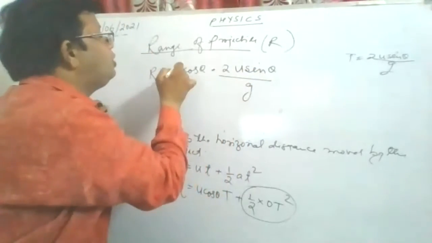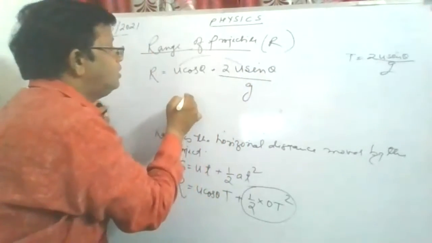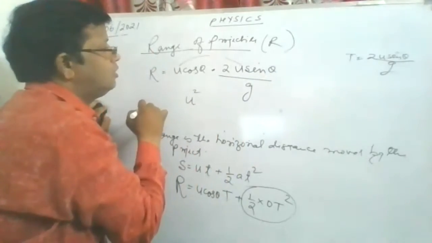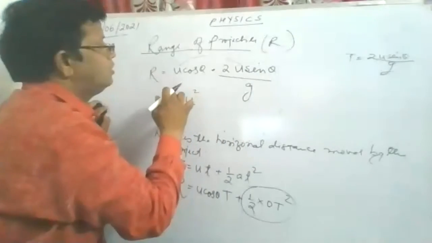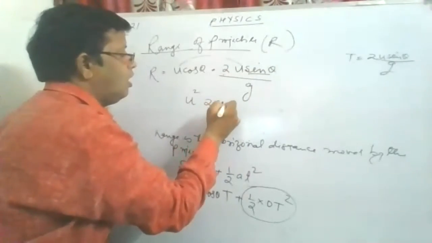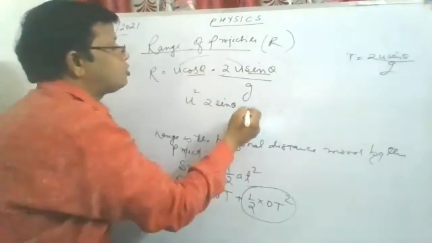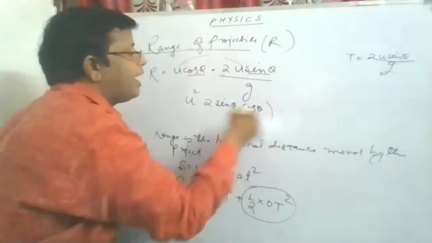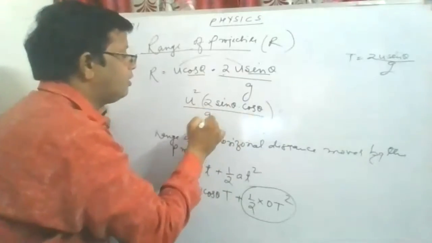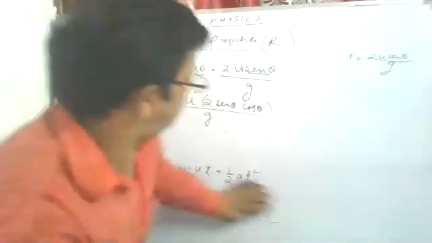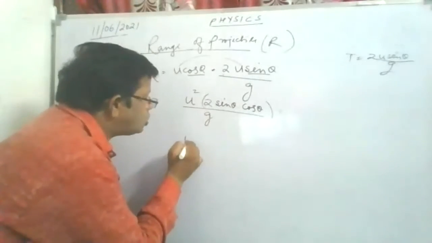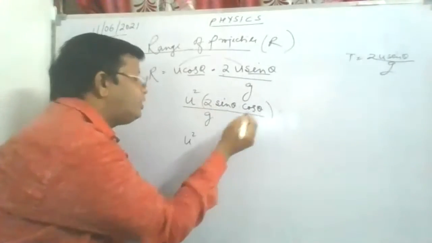बेटा 2 को बाहर कीजिए, u इंटू u क्या हुआ बेटा, u स्क्वायर, 2 साइन थीटा इंटू कॉस थीटा। बेटा इसे ब्रैकेट में लिखो, अपॉन g। बेटा see here, u square, 2 sin theta into cos theta.